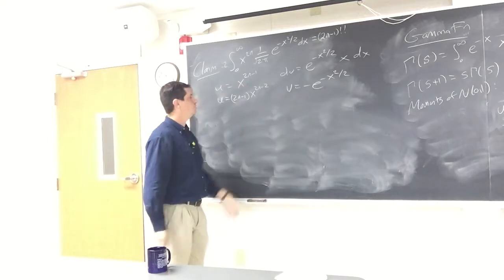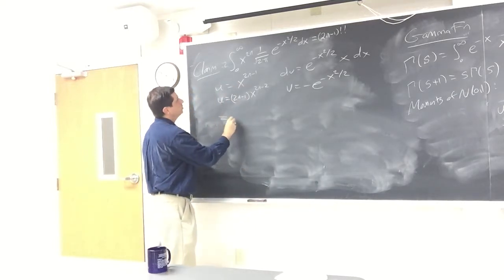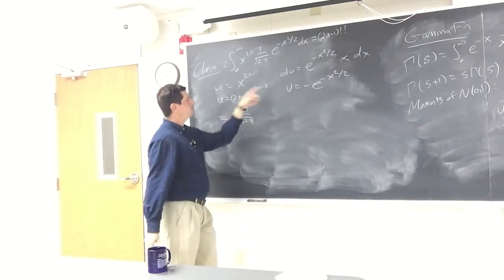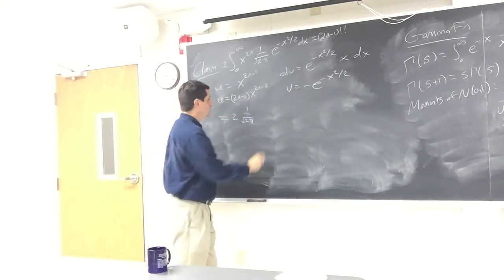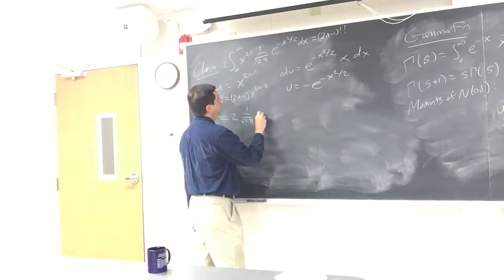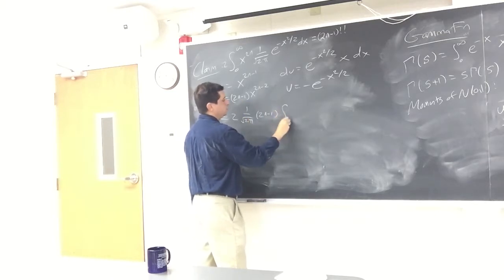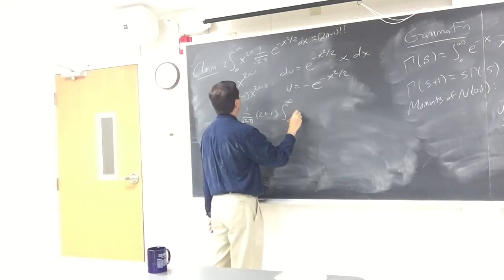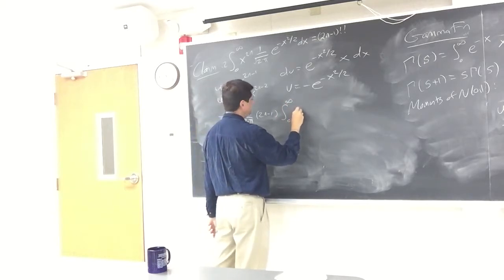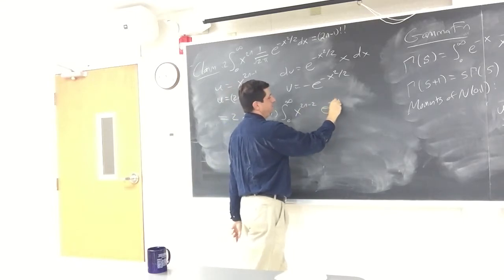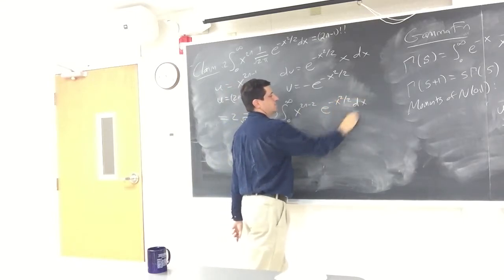So the boundary term is gone. So it's going to equal 1 over square root of 2 pi times minus v du. The minus signs cancel, and we'll have a 2n minus 1 coming outside from this, integral from 0 to infinity of x to the 2n minus 2 e to the negative x squared over 2 dx.